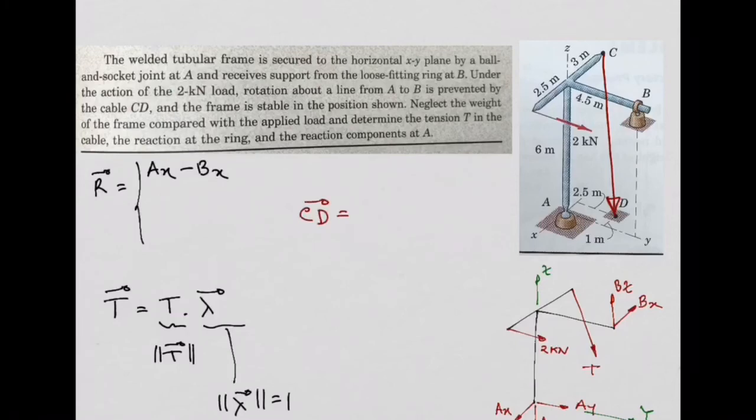I'm going to write here. So don't forget CD, X component. You can do CD is equal to point D minus point C. Okay, what is the x coordinate of point D?